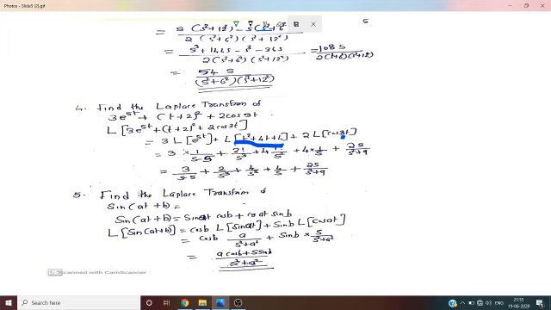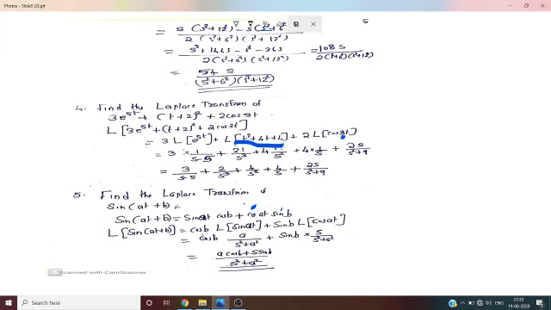Now the next problem. Find the Laplace transform of sin(at plus b). You know that a and b are constants. Sin(at plus b) equals sin at cos b plus cos at sin b.